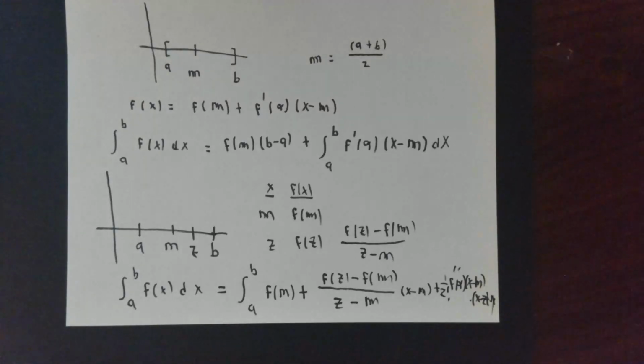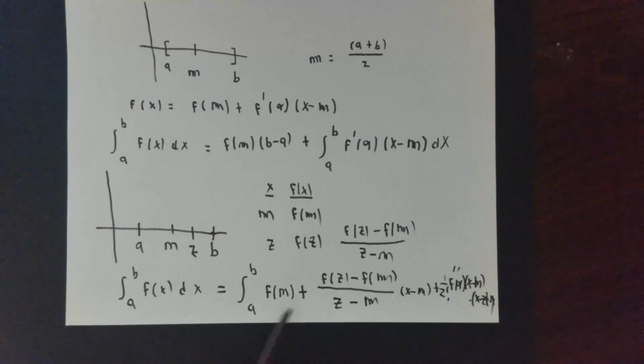The error term in the interpolating polynomial is now 1 over 2 factorial times some value of the second derivative times x minus m times x minus z. When I integrate this term, I'm just going to end up with f of m times the width of the interval.